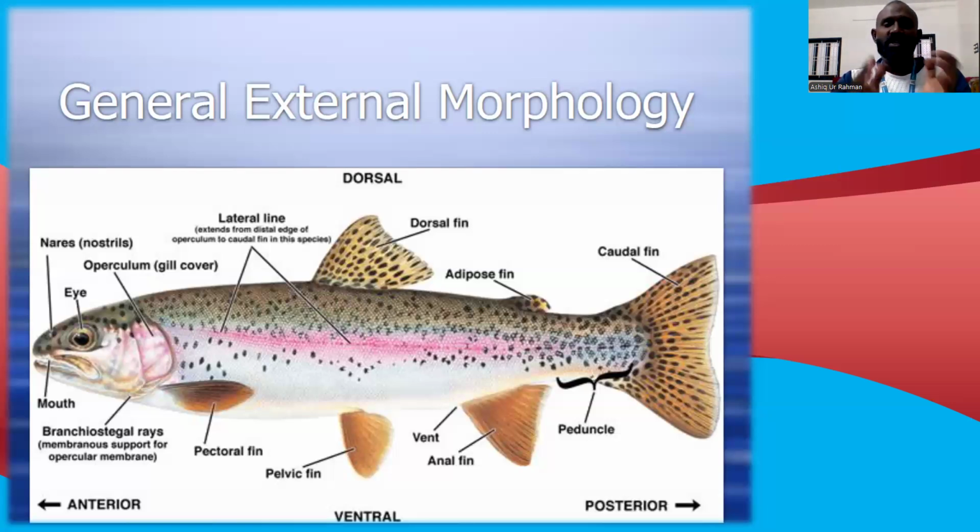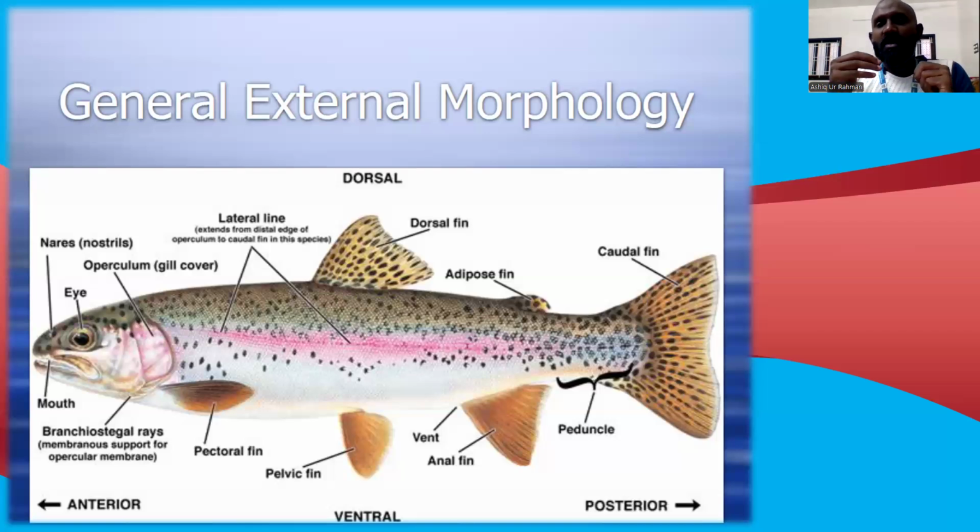Right. Then after this, in the body region, we can see the fins. Fins are of two types based on their occurrence. Where the fins are in pairs, it is called paired fins.